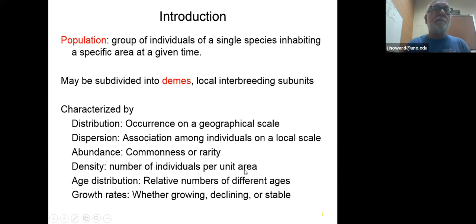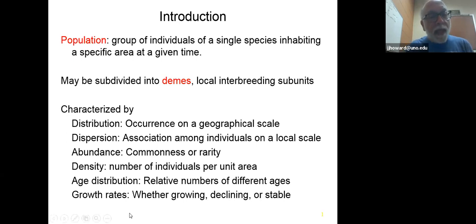Then we will spend most of the next couple of weeks talking about the following 2: age distribution, which is the relative number of individuals of different ages that you find in a population, and how that affects the dynamics of a population. Like if you have a lot of young individuals, what does that do for population growth or decline or persistence?